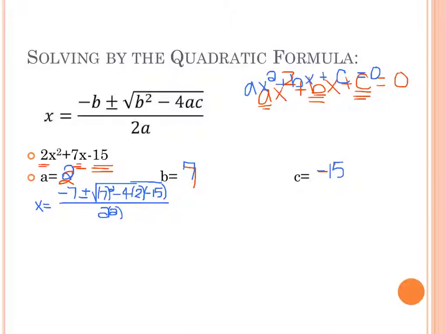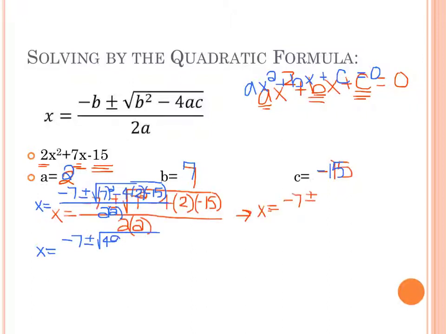We can rewrite this a little bit by simplifying and getting x equals negative 7 plus and minus the square root of 49. Now when you multiply out 4 times 2 times a negative 15, it should actually be a negative 120, but minus a negative actually turns into a positive, so it should be plus 120, all over 2 times 2 is 4.